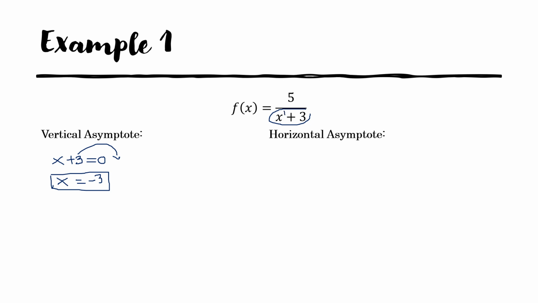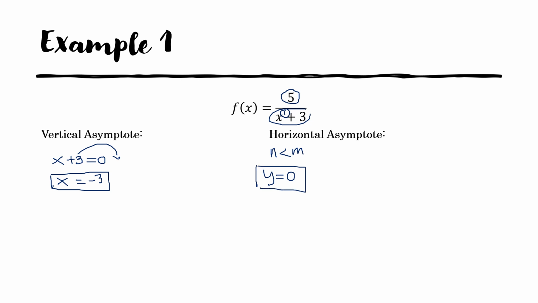So therefore, n is less than m, meaning the denominator has a higher exponent than the numerator, because the numerator has no exponent. Therefore, y is equal to 0.